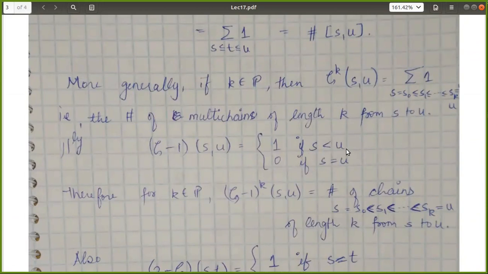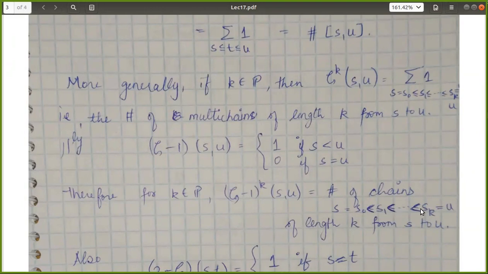In fact, for any k, zeta minus 1 raised to k of su is non-vanishing only when you have a sequence of this pattern: S0 is strictly less than S1, which is strictly less than S2, which is strictly less than S3, and so on.